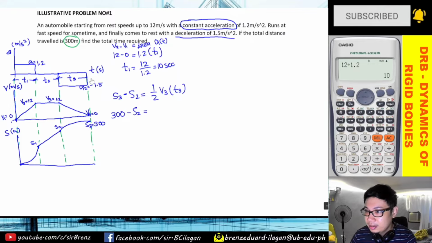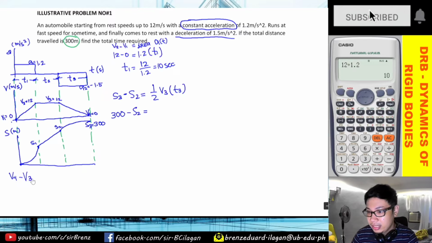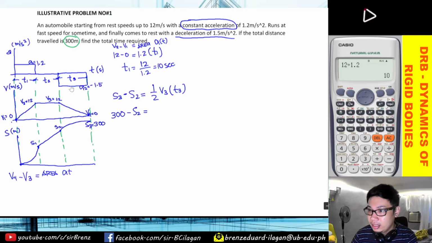So, ito muna. Guys, dito ko na lang sulat sa baba. So, that will be 0, yung B4, minus B3, is equals lang sa area ng iyong acceleration diagram. Kung saan ito nga is negative value.